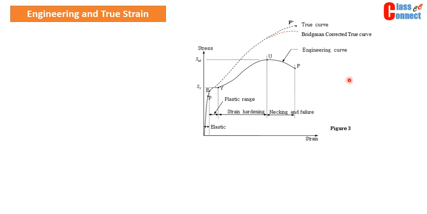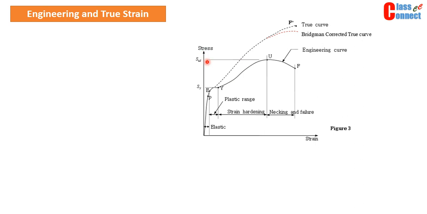To summarize, this is the stress strain diagram for mild steel, which is a ductile material, and this is an engineering stress strain diagram.